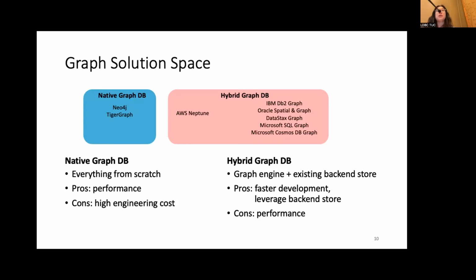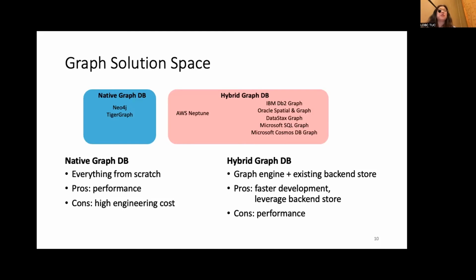On the other hand, the hybrid graph databases have a query engine or query capabilities, but resort to an existing backend data store for data storage or data persistence. And actually many graph databases fall into this camp.